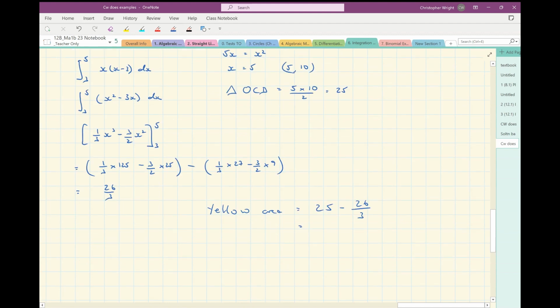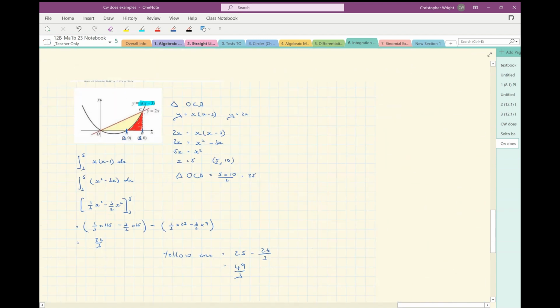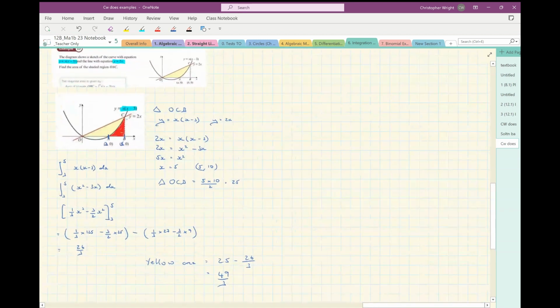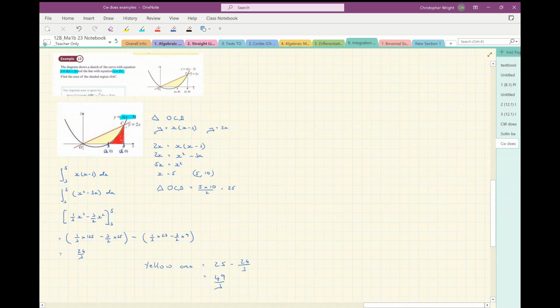Which is going to give me whatever that is. Grab my calculator and work it out. 25 minus 26 thirds gives me an answer of 49 thirds. And that is the area of the shaded region found. And that's the end of example 13.